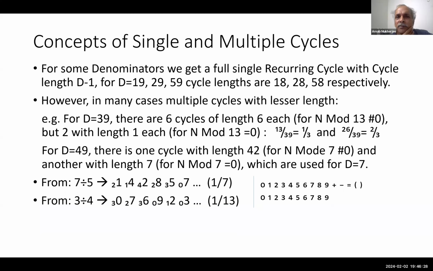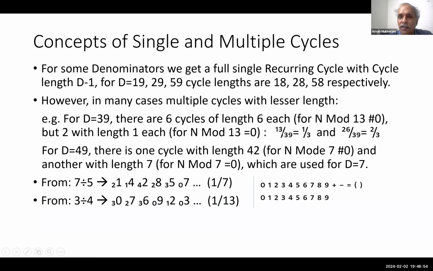But now, the concept of single and multiple cycles. Here I put it like this. I already discussed it: single and multiple. For 39, there are 6 cycles of length 6 each. 6 into 6 is 36. But what about the other two?